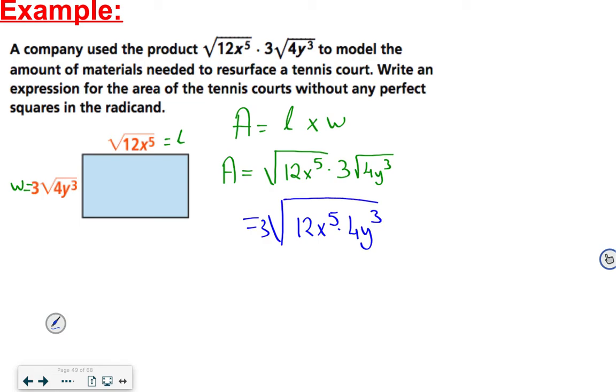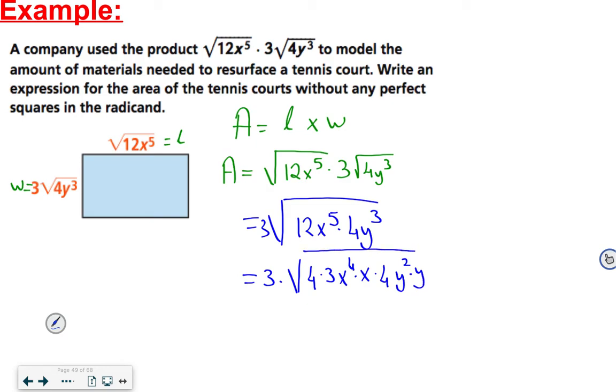Now, let me simplify this expression. 3 times 12, how can I simplify this? 4 times 3. X to the power 5 you can write as x to the power 4 times x, and y cubed can be written as y squared times y.